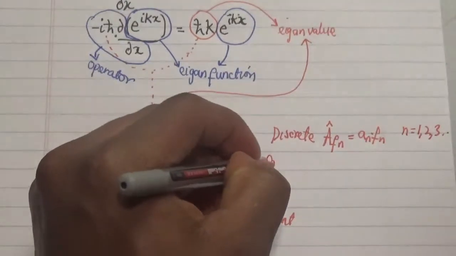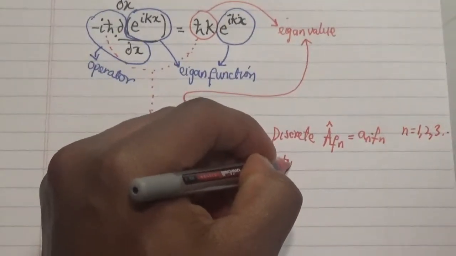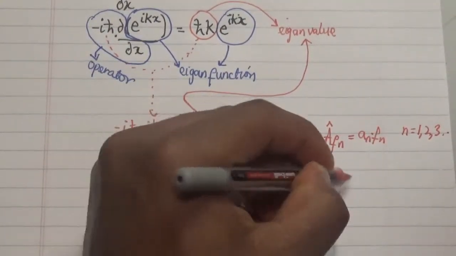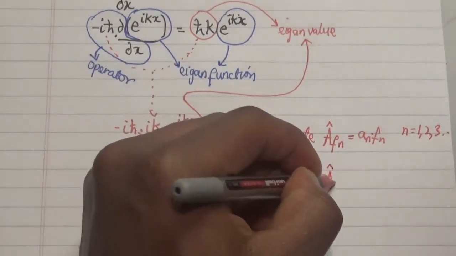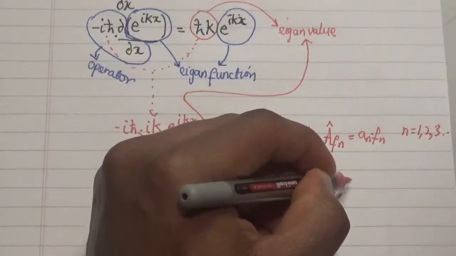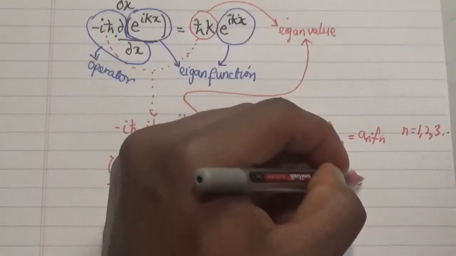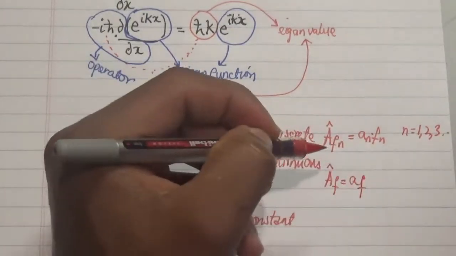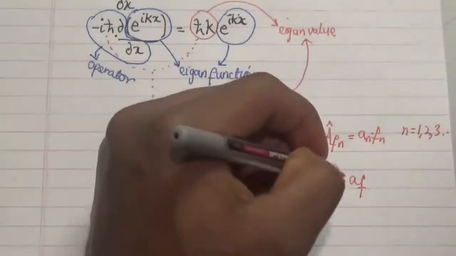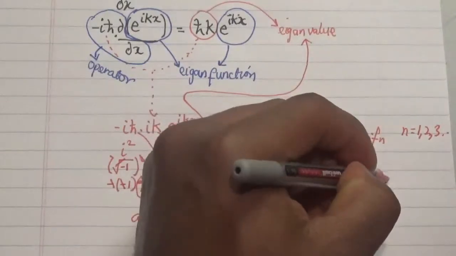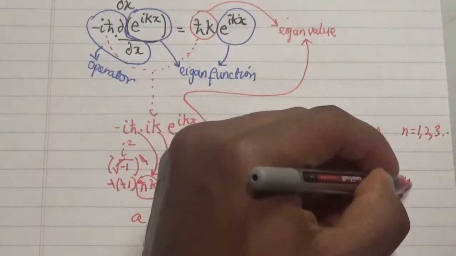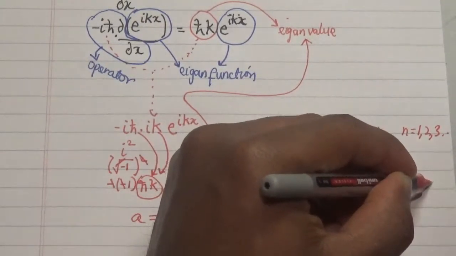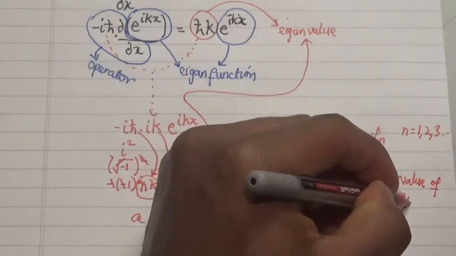For the continuous case, we just have our operator multiplied by our eigenfunction equal to our eigenvalue multiplied by the same eigenfunction.